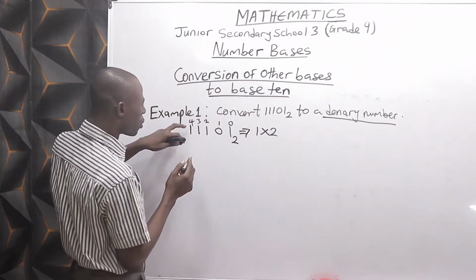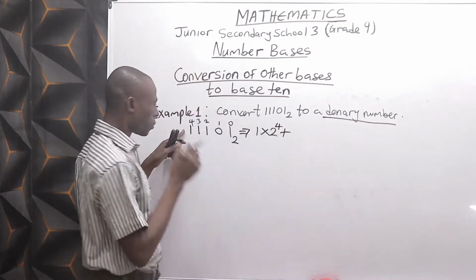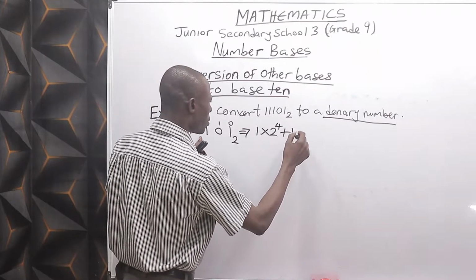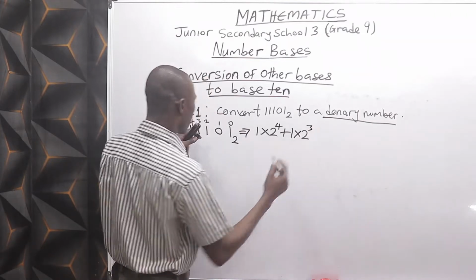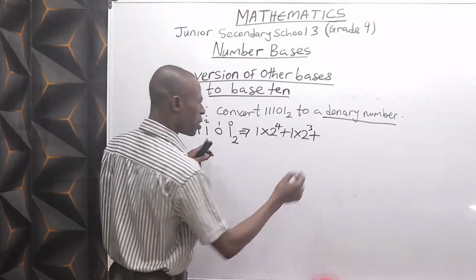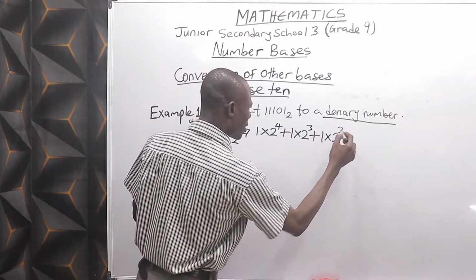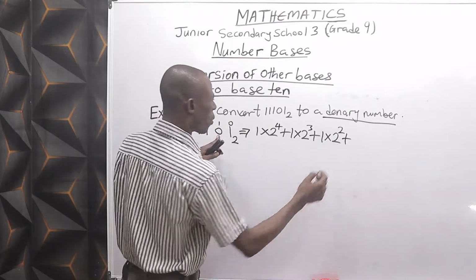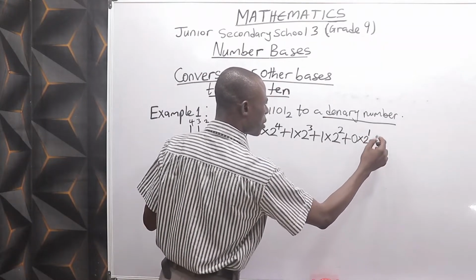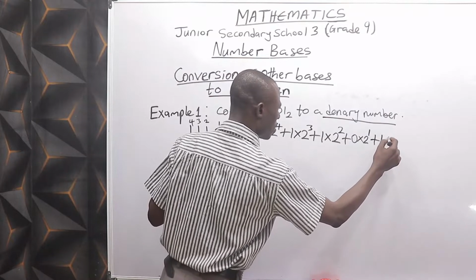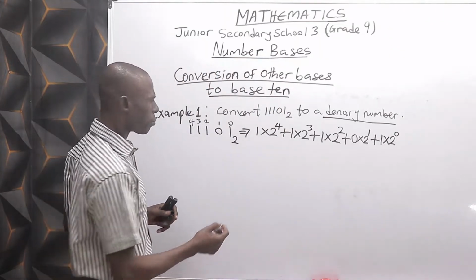So, raise it to the power assigned to that digit, which is power 4, plus the next digit, 1, multiplied by the base raised to its own assigned power 3, plus the next digit, 1 times 2 raised to power 2 that is assigned to it, plus 0 times 2 raised to power 1 that is assigned to it, plus 1 times 2 raised to power 0 that is assigned to it.